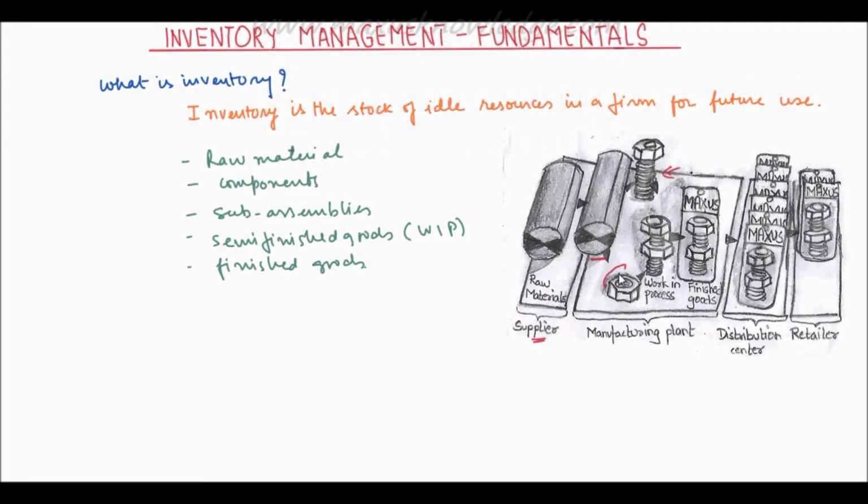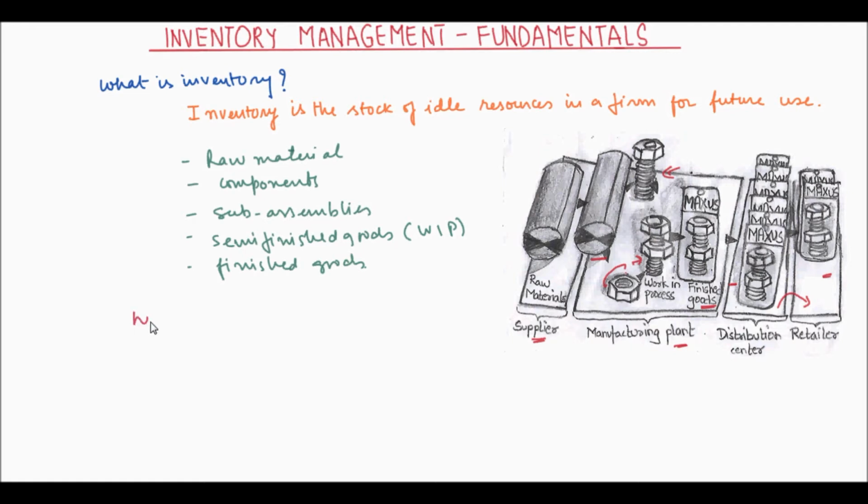Now these components are being manufactured, and this is kind of a work in progress, semi-finished product. Then finally, this is the finished product in the manufacturing plant. This will also form a sort of inventory till it is shipped to the distribution center. Distribution center will keep this as inventory, and then finally the distribution center will then move these products to the retailer, and then the retailer will keep this inventory till all the consumers buy this.